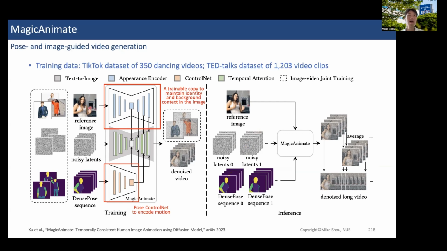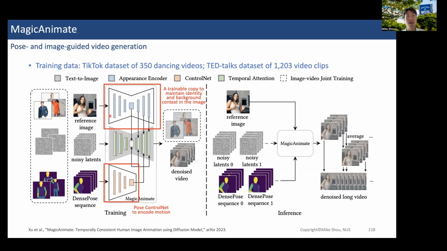For the training part, this is the center, the conventional UNet. We have basically two kinds of injection here. One is, of course, the ControlNet for pose, so that the video is generated according to the pose sequence. Another challenge is how to maintain the appearance of the reference image, like the background and the appearance of the person.